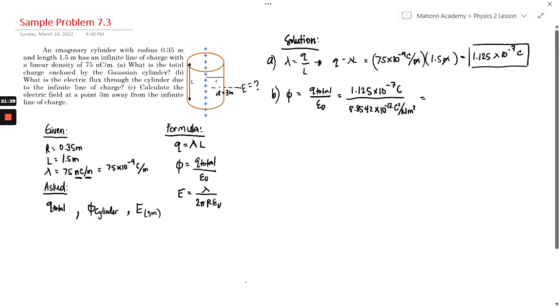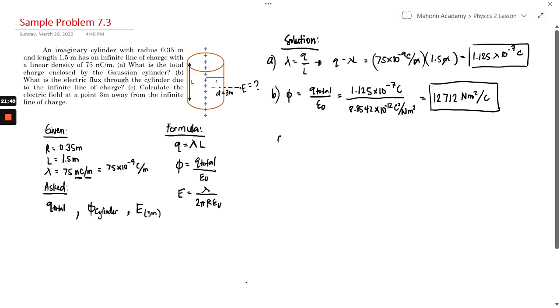And the answer is about 12,700, so that's 12,712 newton meter squared per coulomb. So that's how much electric flux is going through your cylinder.